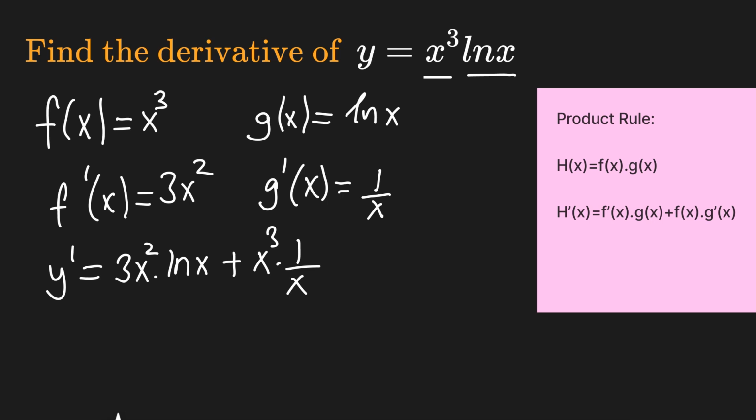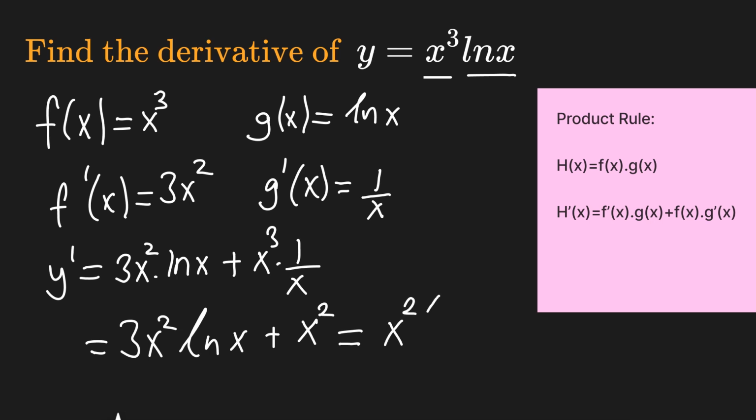Let's simplify a little bit. 3x squared ln x plus x squared. We can go one step further because x squared is the common factor here. X squared times 3 ln x plus 1 is our solution.